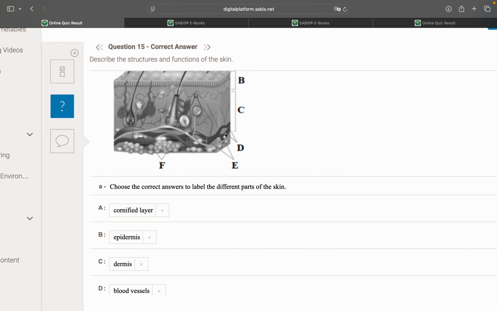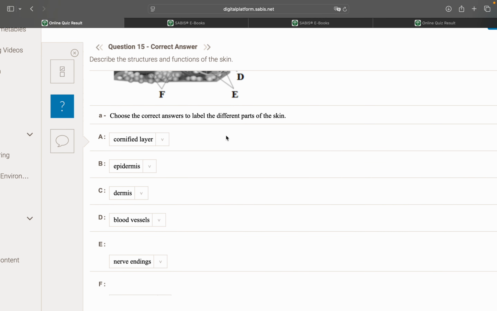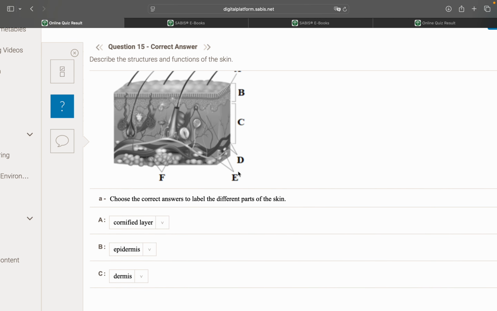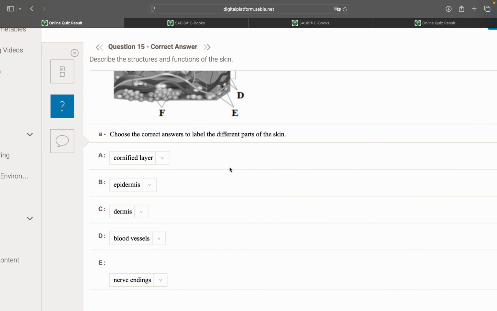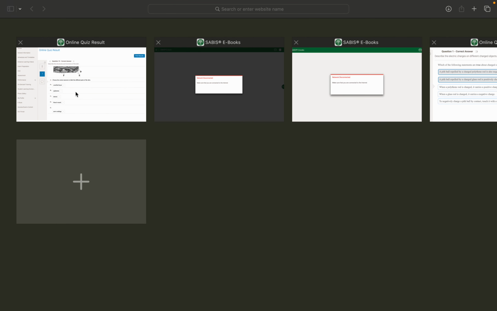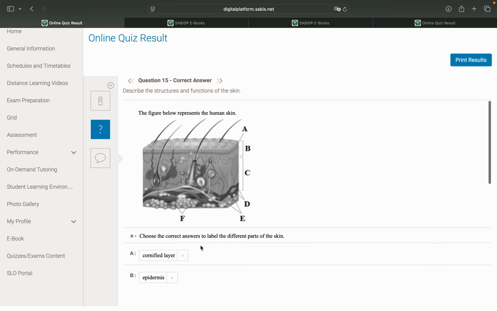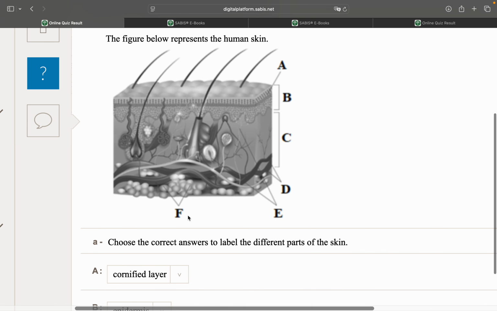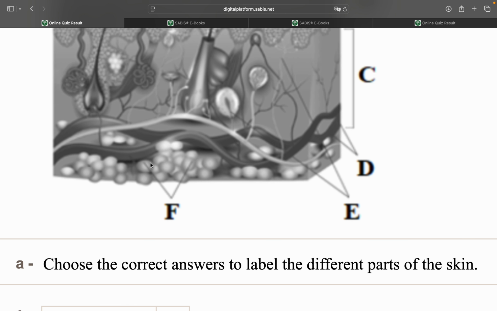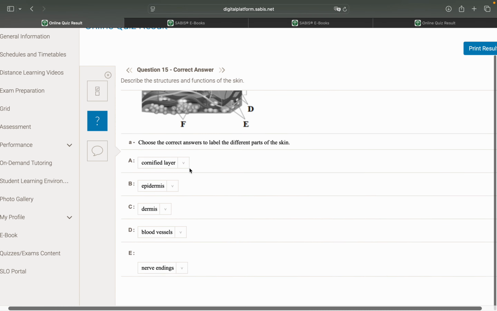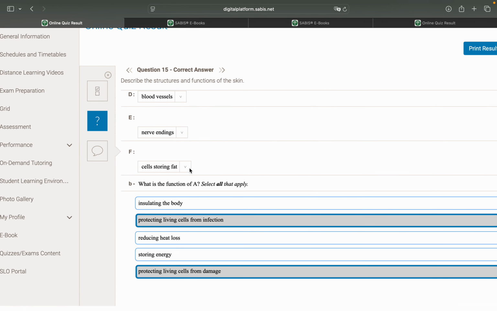D, it's blood vessels. E is, okay, here it's going here, nerve endings. Sorry, cells storing fat. Okay, you can see here there's cells. I'm not sure how to explain that, but they're storing fat.